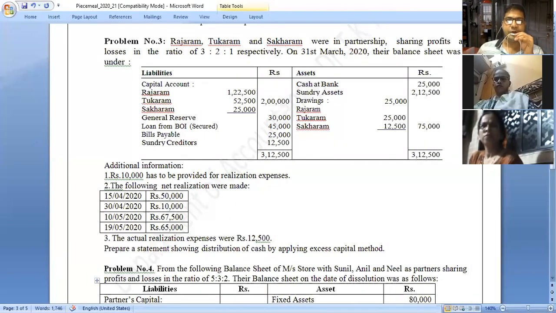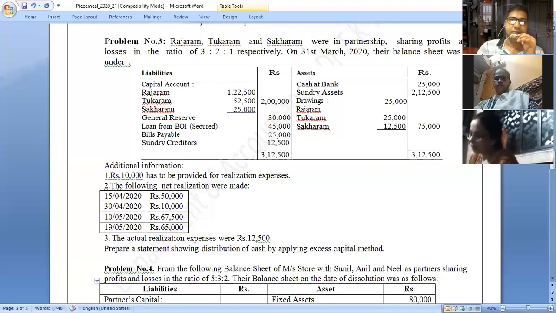Practice is very important. If I solve 10 to 20 problems in front of you but you can't understand, it is not the way of proper study. So you should study properly, then you will get good marks.